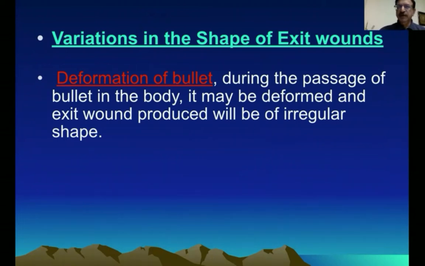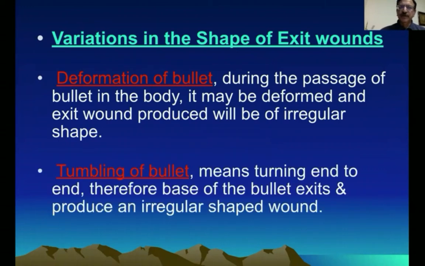It may not be circular, oval, lacerated, but irregular in shape because of the deformed bullet. Then the bullet may tumble. This means turning end to end. That is, the base is facing forward and the bullet tries to exit with its base facing forward. And it again will form an irregular shaped wound.